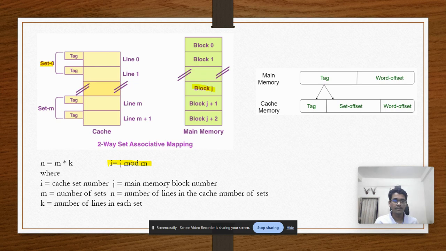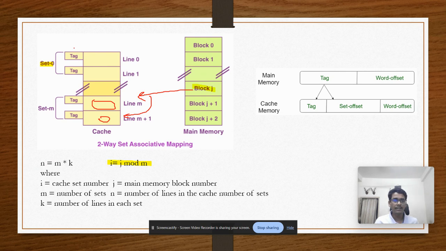This formula gives us the value of i, which is the set number in which this block would be filled into. So let's say block j is filled into set m. And suppose if the line m is already filled with some data, it would be a conflict miss and this would be filled into this block here.